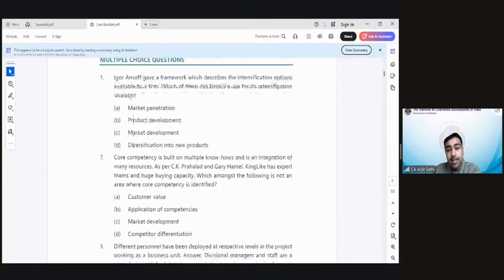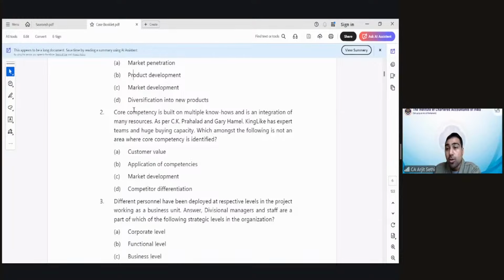Okay. Second question on your screen. Core competency. Core competency is built on multiple know-hows and is an integration of many resources. Which of the following is not an area where core competency is identified? Customer value, application of competencies, market development, or competitive differentiation?